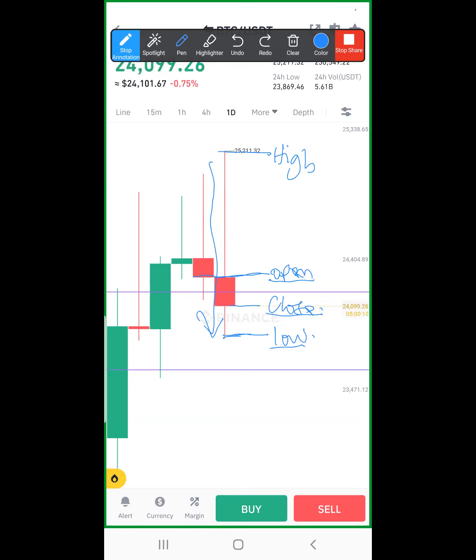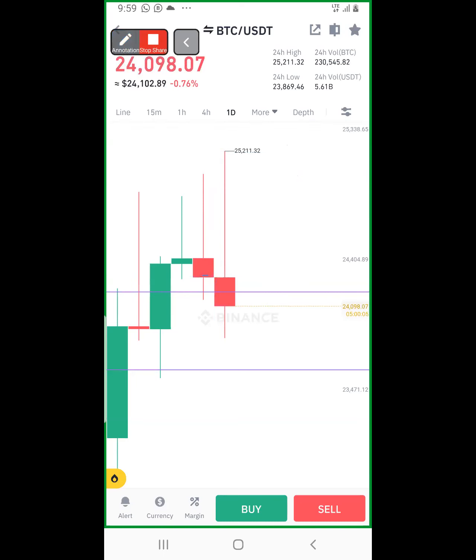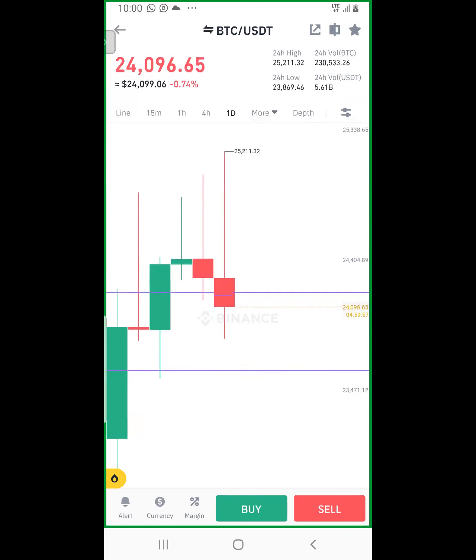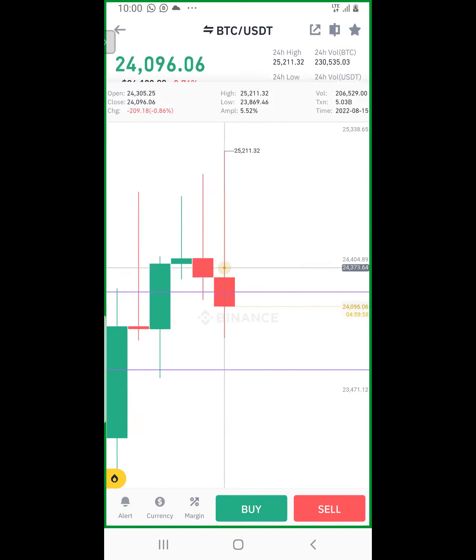I can come and see the Bitcoin started the day. How do I know the real price? I just tap on this screen. Binance will bring you a cursor, and then you just get that line. It started the day when the price was $24,300, $24,305 each Bitcoin.